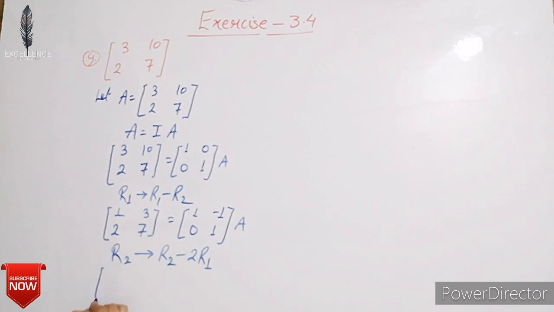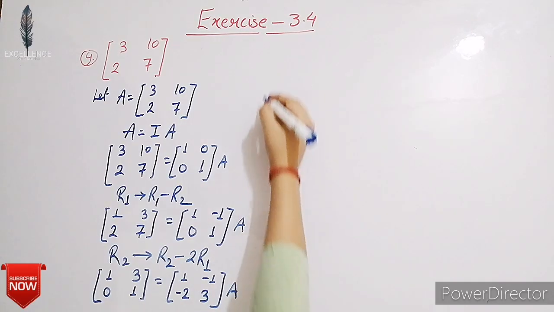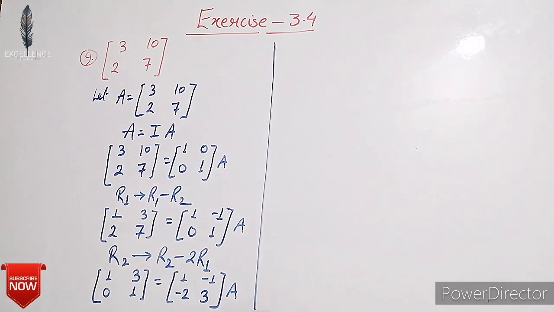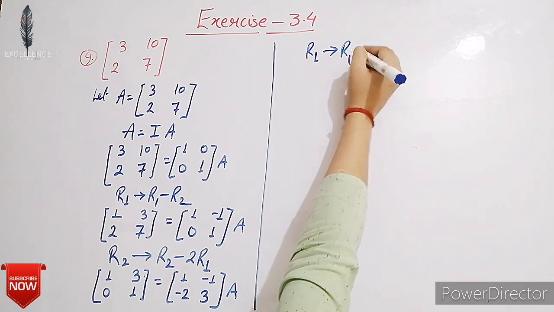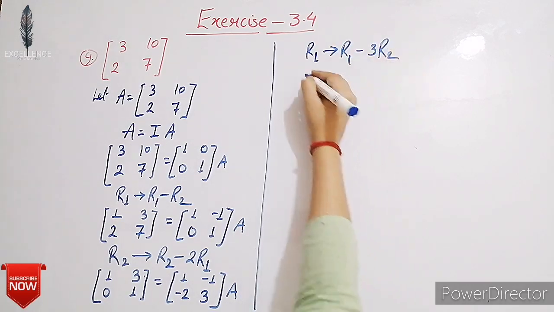Now R2 is such that R2 minus 2 R1. Here we get the first non-diagonal element 0, that is 1, 3, it is 0 and it becomes 1 is equals to, here R1 is same, that is 1 minus 1 and R2 becomes minus 2, 3 A. Now change the R1, that is R1 is such that R1 minus 3R2.